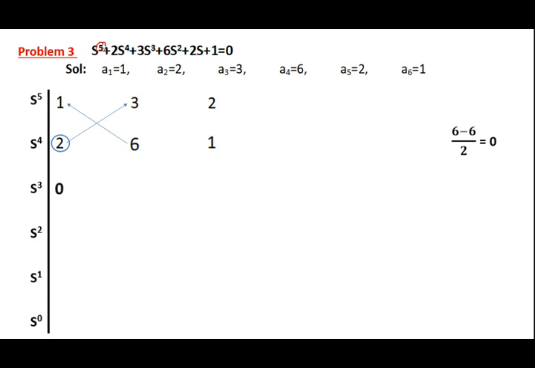And the second element of the third row can be calculated as 2 into 2, that is 4, minus 1 into 1, 4 minus 1 divided by 2. So 4 minus 1 by 2 is 3 by 2, that is equal to 1.5. That you can write in the second column of the third row, that is 1.5.